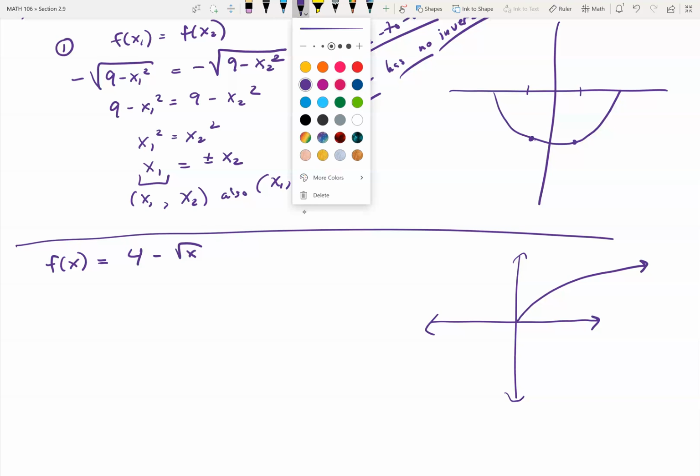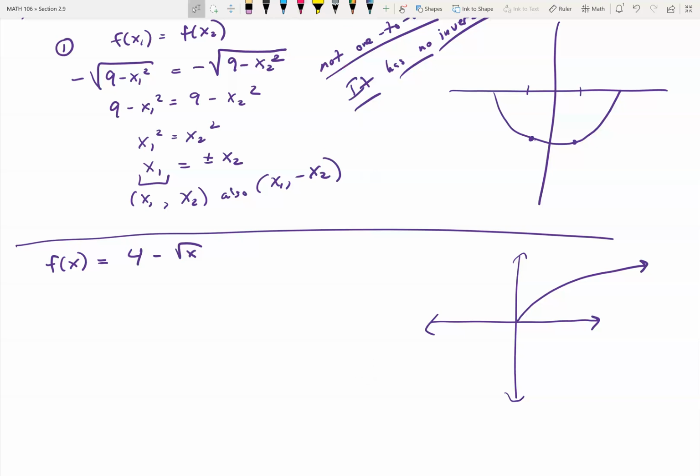How about using the transformations from section 2.7? What does the negative sign in front of the square root of x do? What do negative signs do? Who remembers? Yeah, it flips it across the x-axis. All right, so we know that.